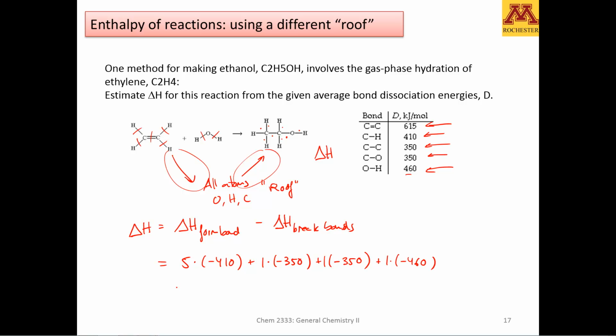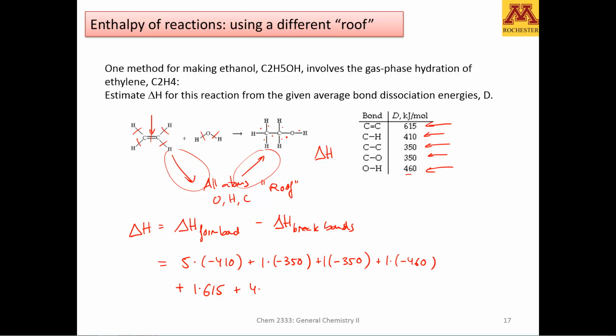Okay, and now I'm going to subtract the breaking of the bonds. I have to break 1 carbon double bond, so that'll be 1 times, and this time it's not negative. Alright, so of course then it has to be positive. Now how many carbon-hydrogens am I going to break?